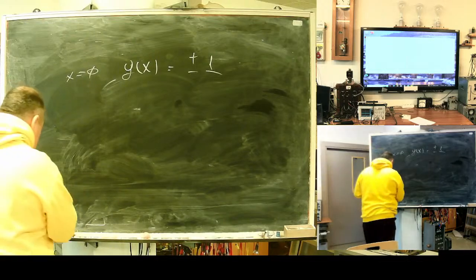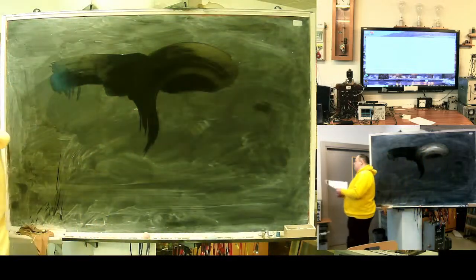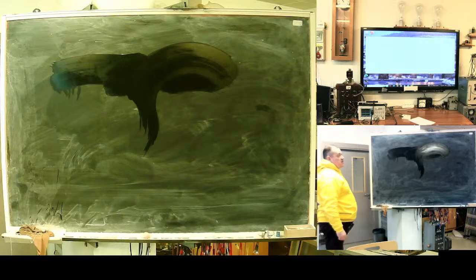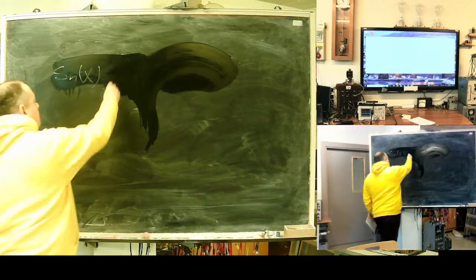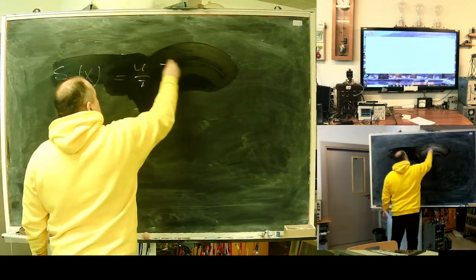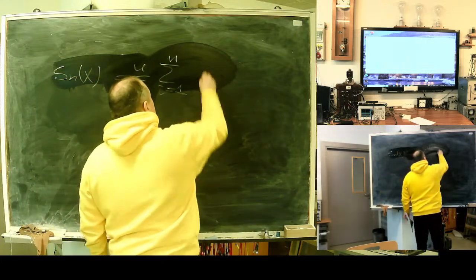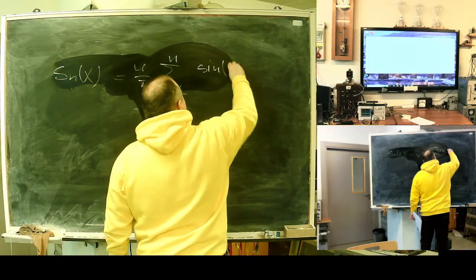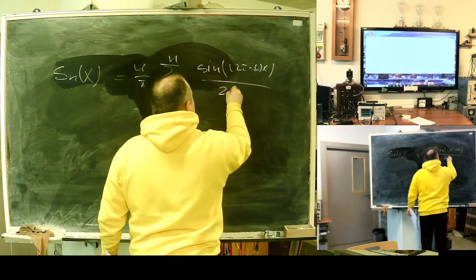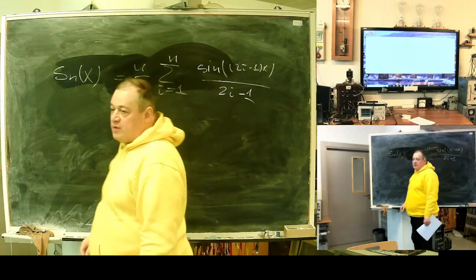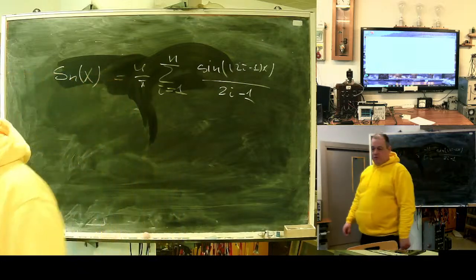Okay, let's do something to understand Gibbs idea. We need to introduce Sn of x. It's 4 divided by pi, sum from 1 to n, of sine (2i minus 1)x divided by (2i minus 1). It's the sum of the first n members of the Fourier series.